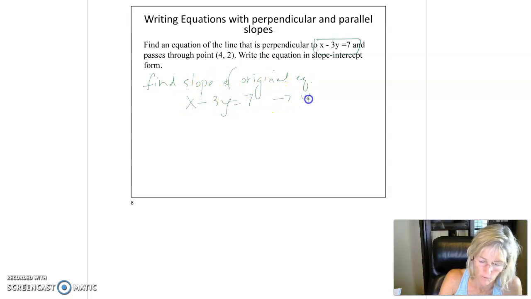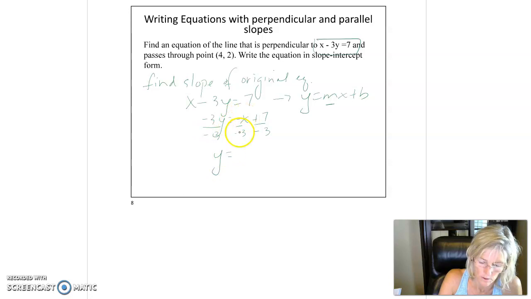So we need it in the form y equals mx plus b so we can see the slope of that line. So I'm going to solve for y. I'm going to subtract x from both sides. Again, I'm going to put it in the front. Divide everything by -3.